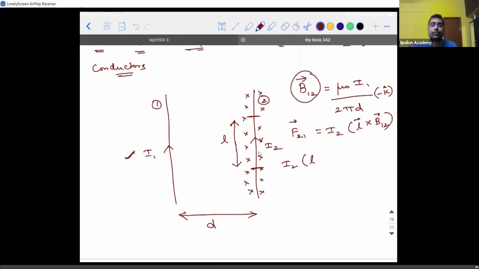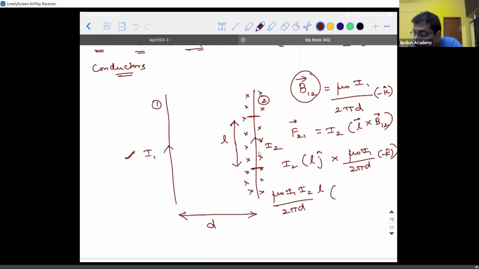L into, current is in upward direction. So it is J cap cross, what is B12, guys? It is mu naught I1 divided by 2 pi d in the direction of minus k cap. So what will you get? Mu naught I1 I2 divided by 2 pi d into L into J cap cross minus k cap.